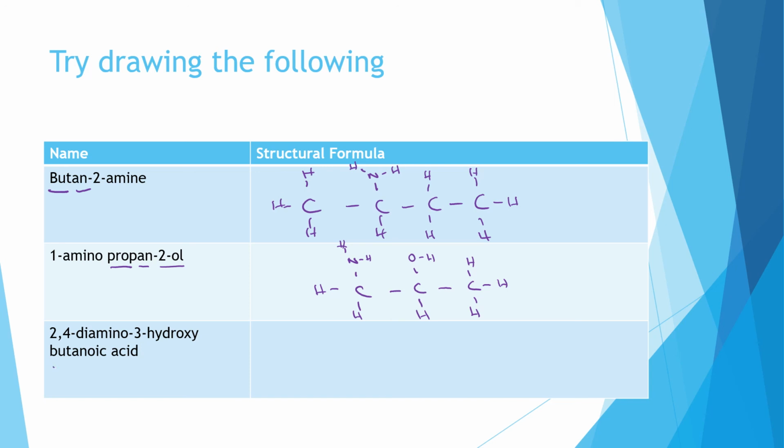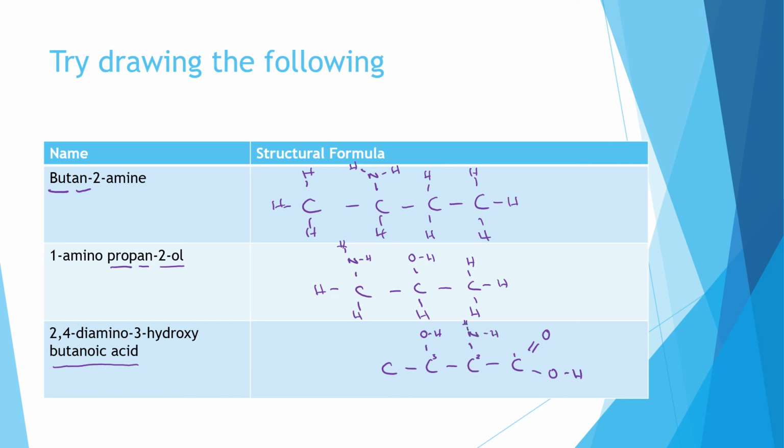This one, butanoic acid, so but 1, 2, 3, 4 and an means single bonded, oic acid. Then on carbon number 3, 1, 2, 3 we have an alcohol group. On carbon number 2 we have an amino group, so this is an alpha amino acid.